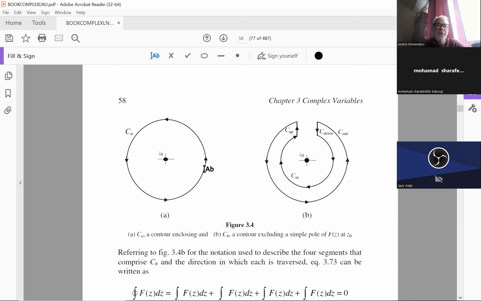What do we do? We write this integral, what they call C internal, it is in fact our small circle that we used at the end. So we get this small circle. We cut this contour, make some hole, and we unify it into one circle.